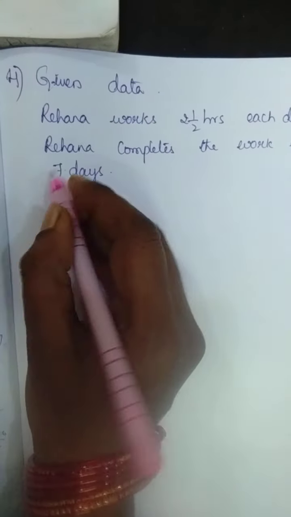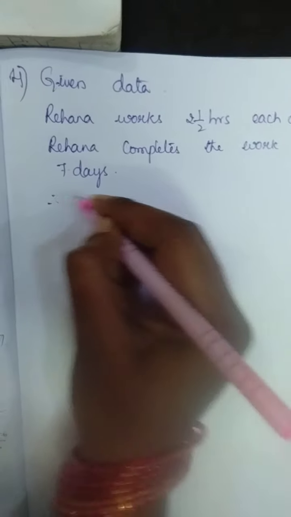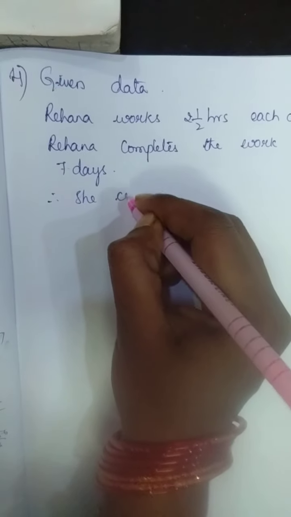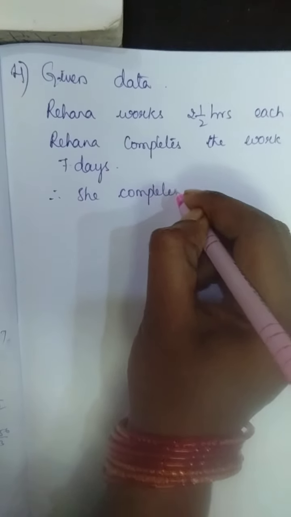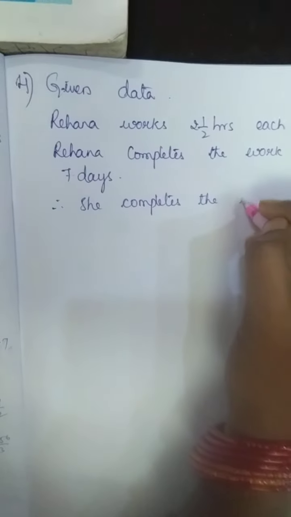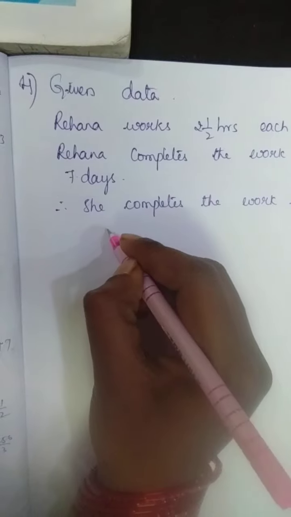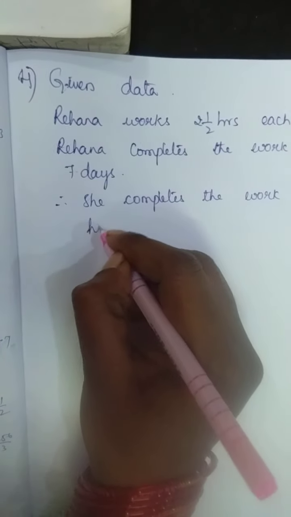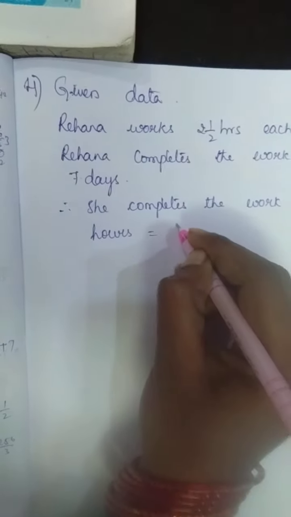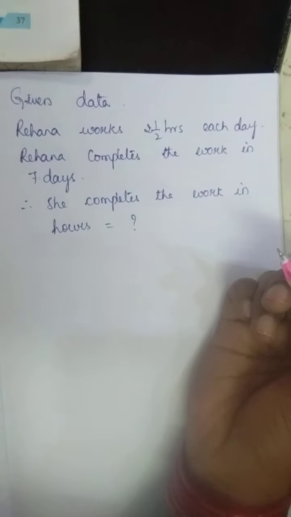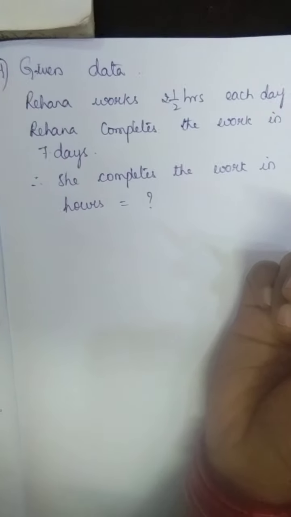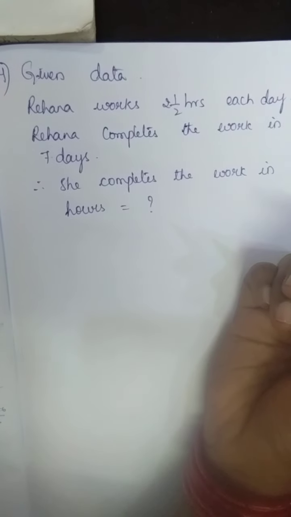Now therefore she completes the work in hours equal to question mark. This one you don't know, so you have to find it. Clear? Now how can you do it?